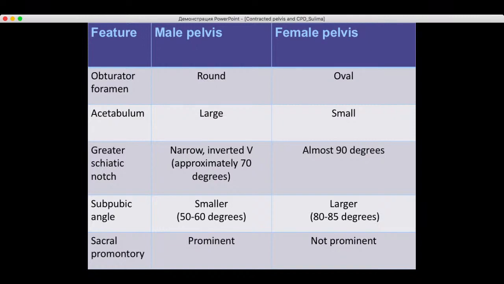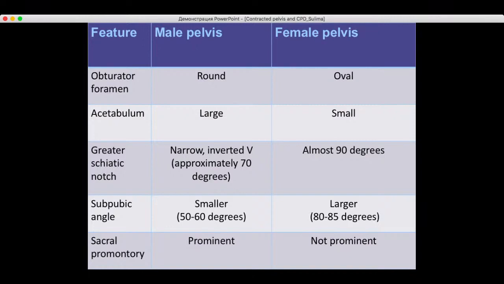In a male pelvis, the sacral promontory is prominent, and in case of android pelvis, you usually can palpate and reach the sacral promontory and measure the conjugata diagonalis.